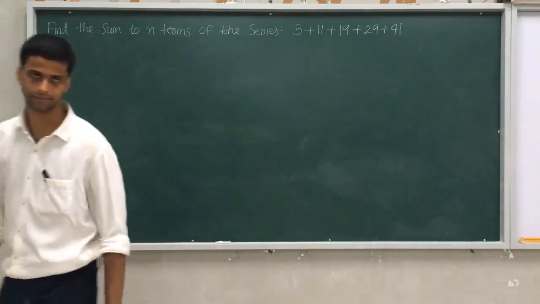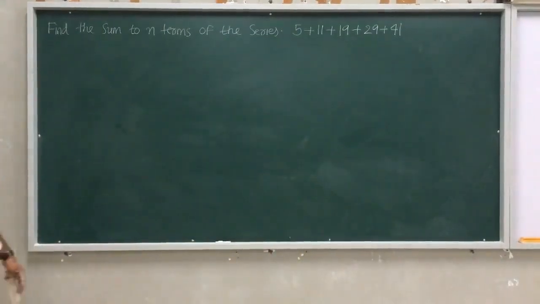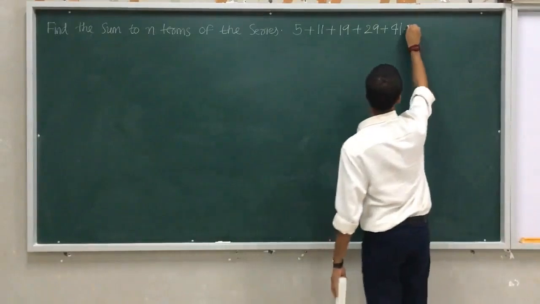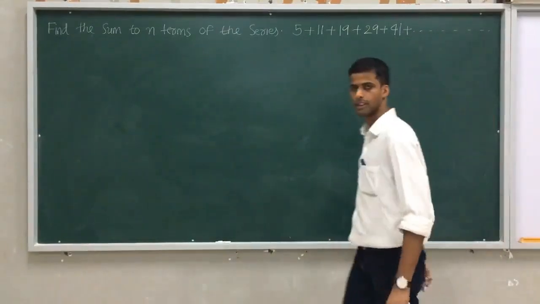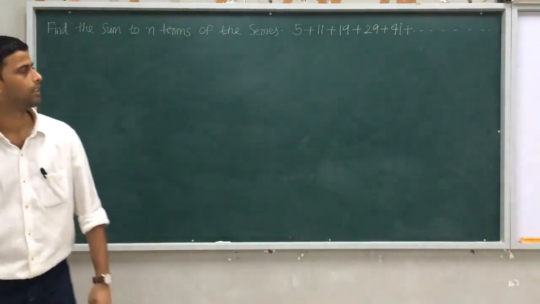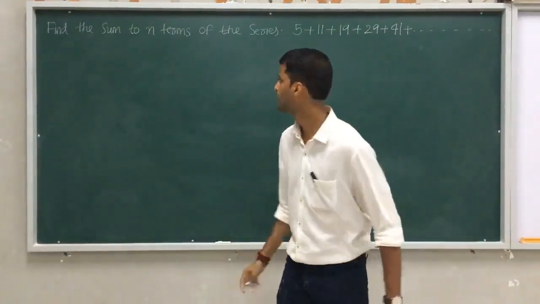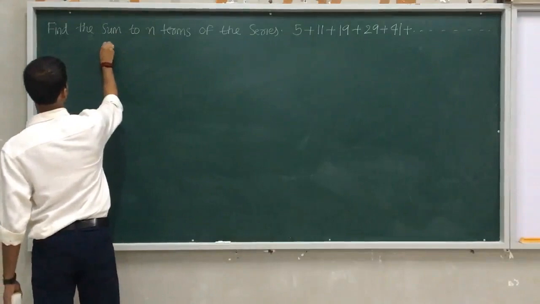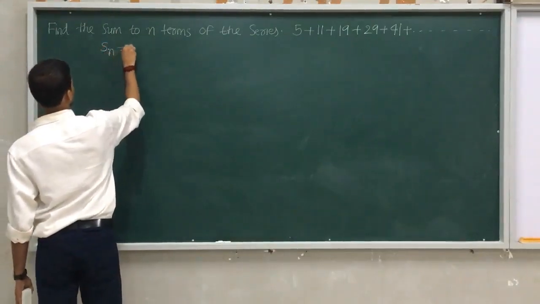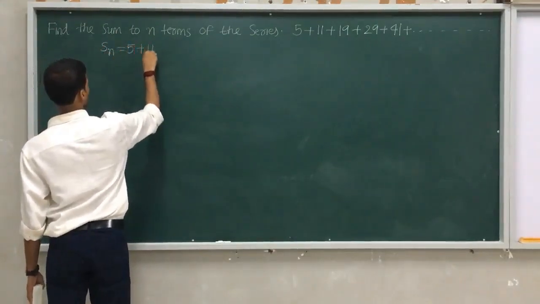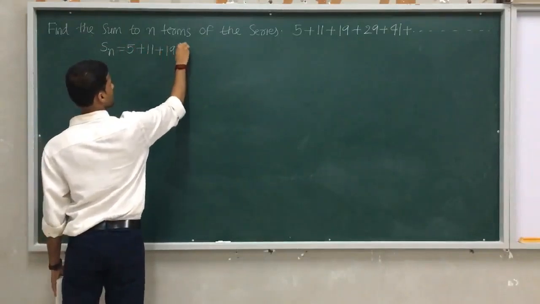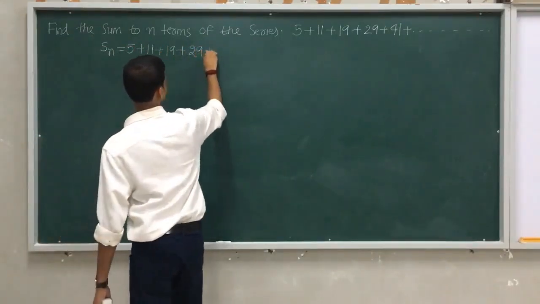Look at this. I want the sum to n terms, so write Sn is equal to 5 plus 11 plus 19 plus 29 plus 41.